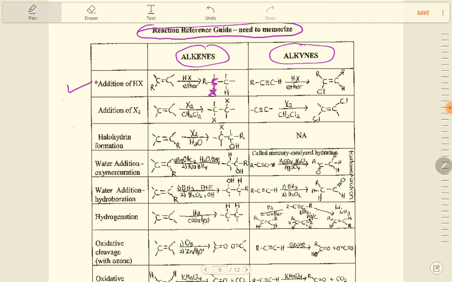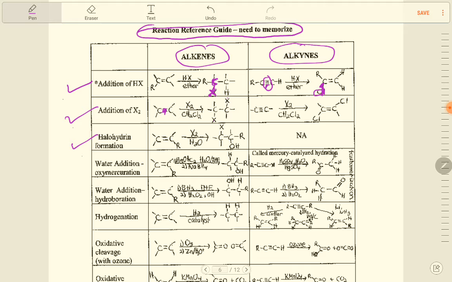In here, there are three bonds, and one of those bonds breaks, and this carbon forms a bond with the chlorine. So addition of X2, the same thing, the double bond breaks, and then X joins here and here. So this is something you need to memorize.